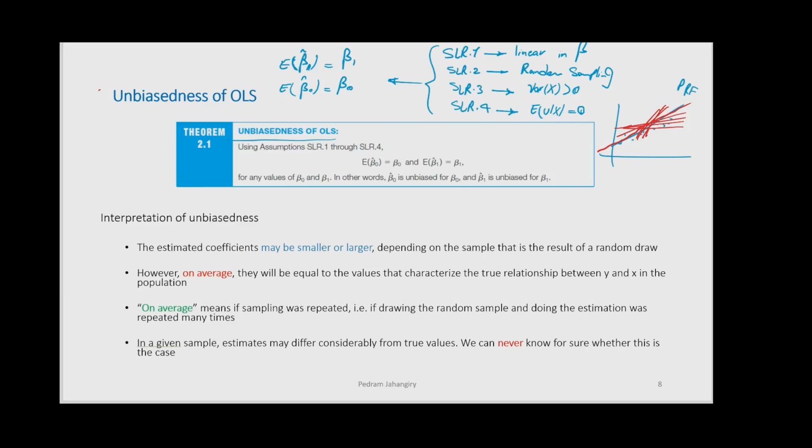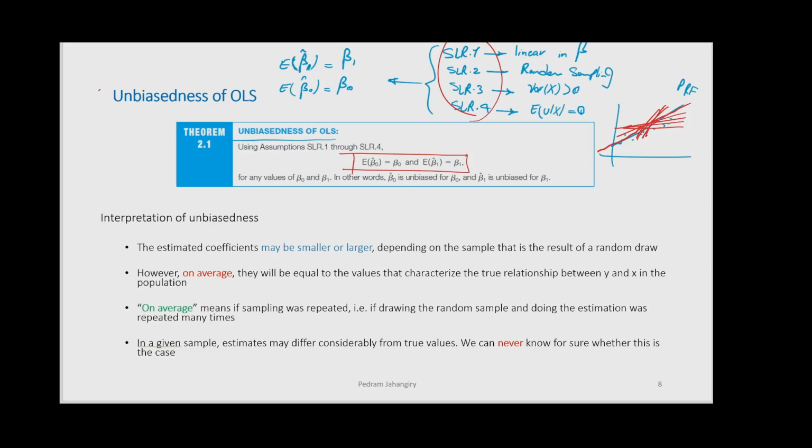I hope that you're able to connect the dots here, what we're doing, how powerful the mathematical tools we have are. We are proving something that we cannot observe, but it's not surprising because we made lots of assumptions. So what I want you to take away is: what are these assumptions? Why do we need those assumptions? And with the first 4 assumptions, what can you tell about the unbiasedness of your estimator?